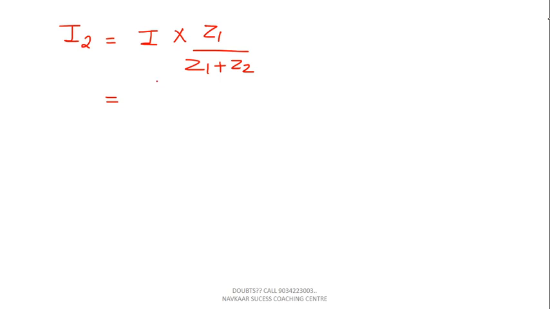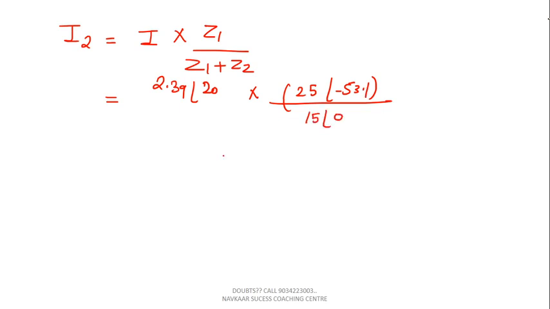So I is 2.39 angle 20 degree multiplied by 25 angle minus 53.1, divided by Z1 plus Z2, which is 15 angle 0. Solving this completely, we get 3.96 angle minus 33.1, and in rectangular form it would be 3.31 minus J2.16.